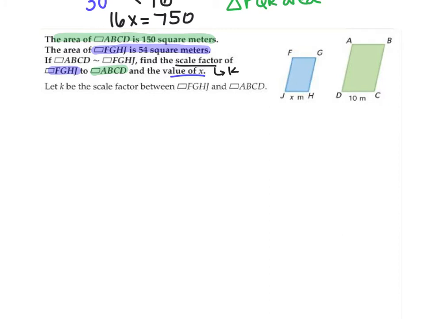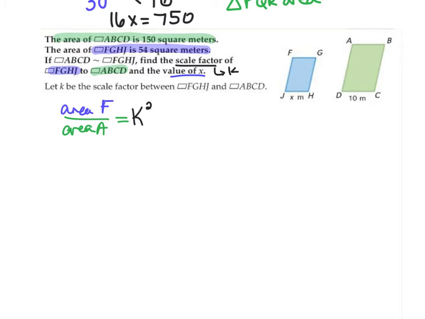So again, K is the scale factor between the two images. We're going to say the area of shape FGHJ over the area of ABCD equals the scale factor squared, or in this case, K squared.